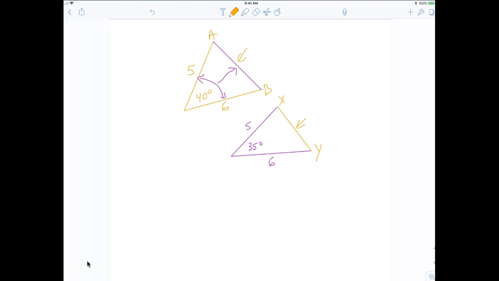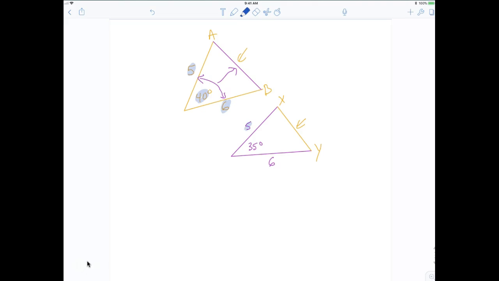Now, there's also the converse, which would say this, though. Listen to the relationship, though, how they're going to describe it. There is a side, angle, side relationship.